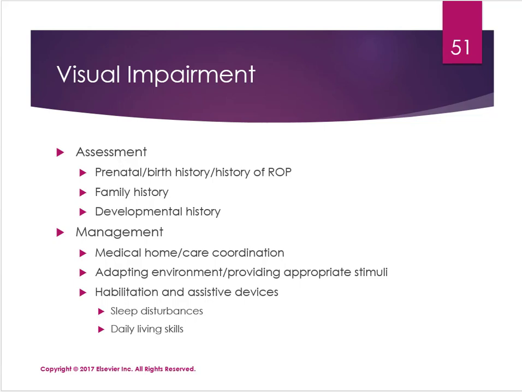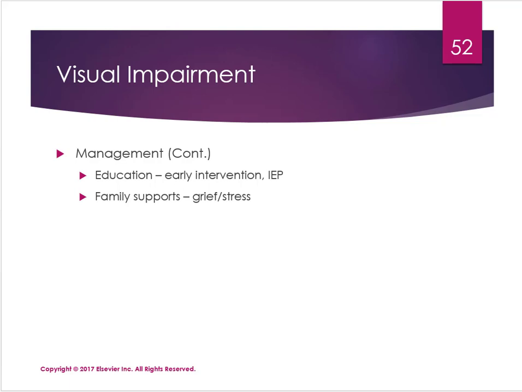There will be the importance of assistive devices. These kids, because they're not able to see the sunrise, sunset, etc., may have sleep disturbances, and of course, we know daily living skill challenges. Management includes education, early intervention, IEPs for school, and then it's important to assess and offer support for the family with grief and stress. That's the end of section 2.